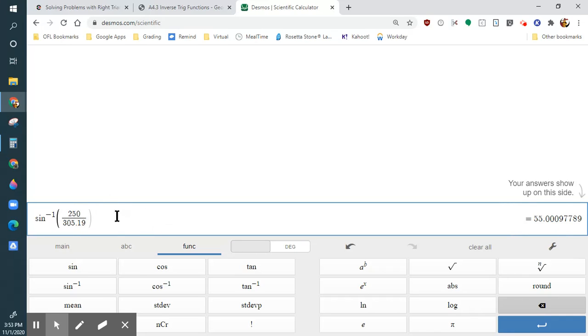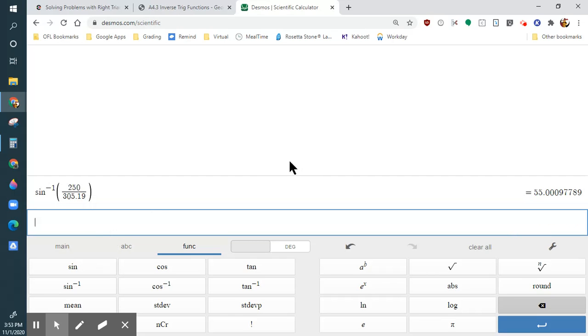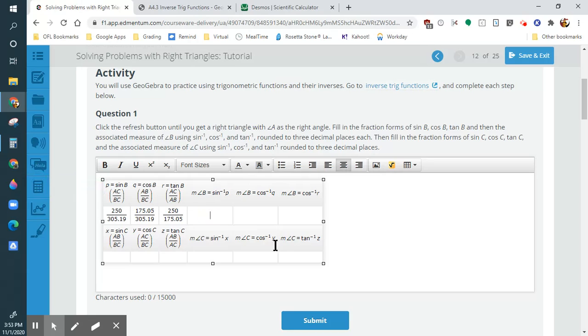When you're switching back and forth between tabs, be careful because for some reason Edmentum moves it to the next tab. If we do this, we get about 55 degrees.